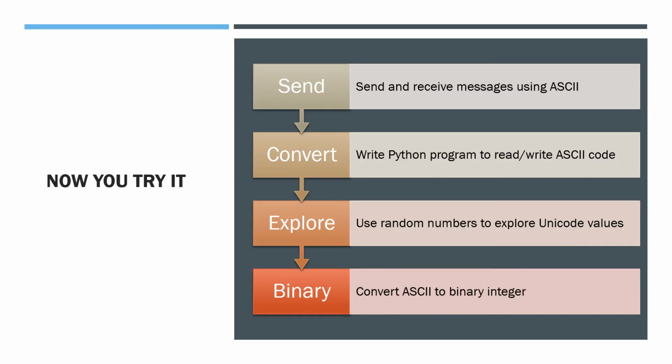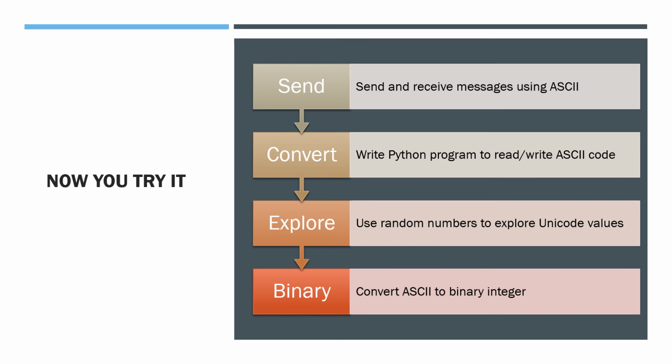So here are some activities for you to try in this first week. If we get a chance in class, I'd like us to just do this on paper, send and receive messages using ASCII codes and read each other's messages, and write Python programs which will read and write ASCII code sequences.